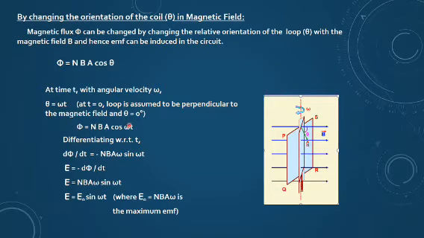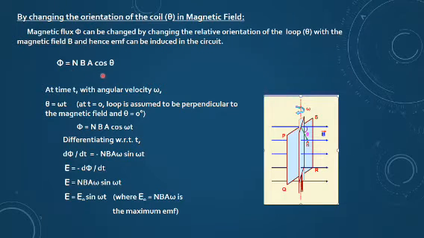This is going to be the principle for the electric generator, the AC generator, when we talk about how we are producing the AC current. So this formula we will be using again in the next lecture also. And here you can keep this formula with you.